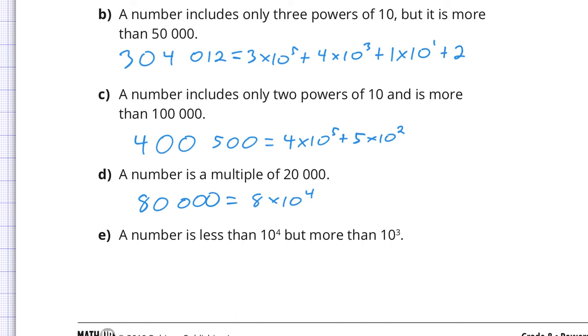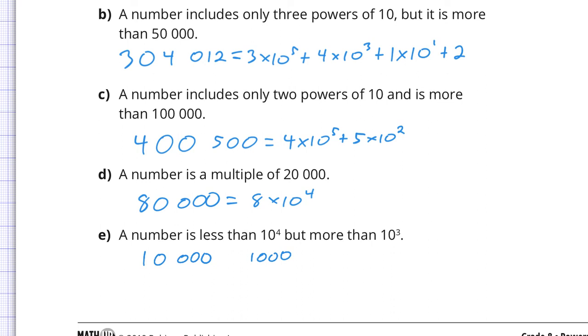Okay, last one. A number is less than 10 to the power of 4, but more than 10 to the power of 3. All right, let's think about this one for a second. Well, 10 to the power of 4 is just 10,000, and 10 to the power of 3 is 1,000. So I need a number, essentially, that is between 10,000 and 1,000.